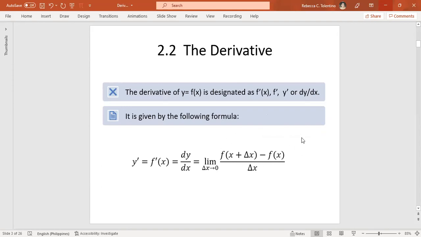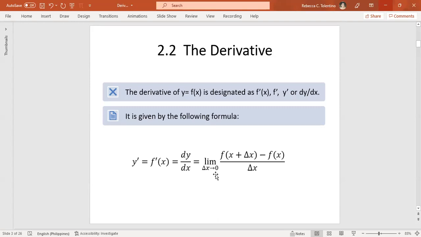The expression on top, f of x plus delta x minus f of x, is your delta y. So it's the limit of delta y over delta x as delta x approaches 0. We would want the incremental increase from x to x plus delta x to be as small as possible.